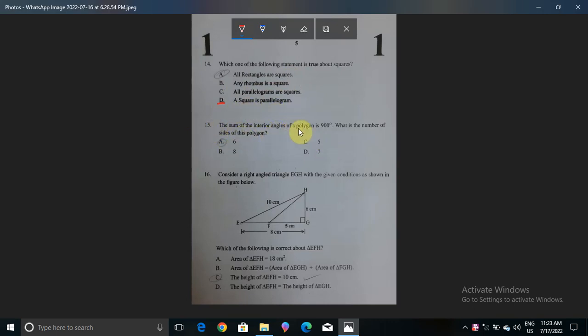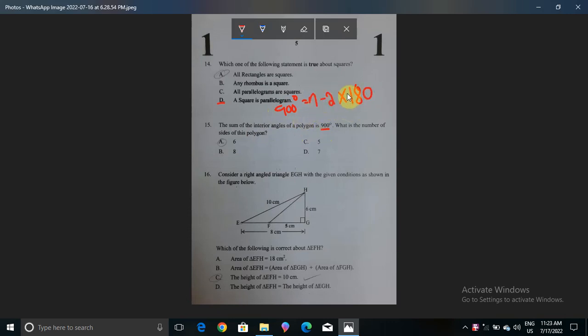The sum of the interior angles of a polygon is 900 degrees. What is the number of sides of this polygon? So the formula here is (n minus 2) times 180, right? But here it says the sum of the interior angles of a polygon is 900 degrees, so we need to find the sides. So 900 degrees is equal to (n minus 2) times 180.